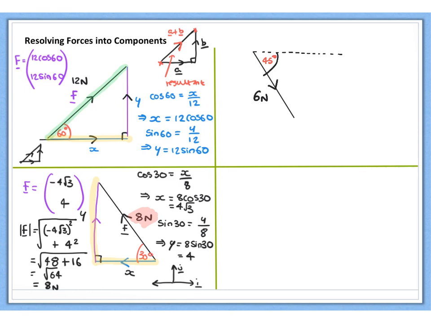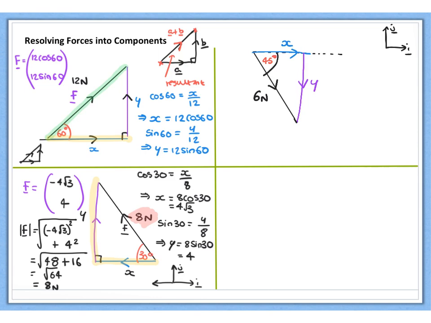Let's draw in some components. Hopefully you can see that there's a horizontal component going to the right like that, and then there's a vertical component going down like that. Now I'll call my horizontal component X, I'll call my vertical component Y. Now remember positive directions. The positive I direction is to the right, the positive J direction is upwards like that.